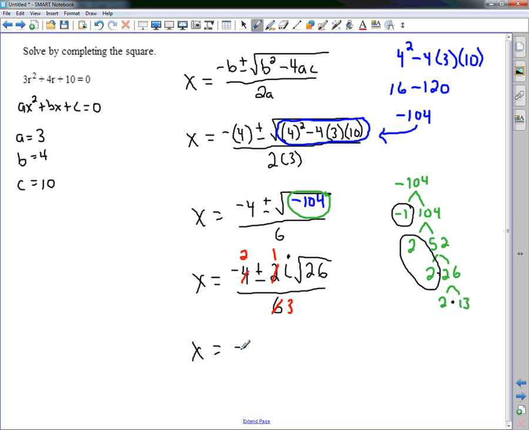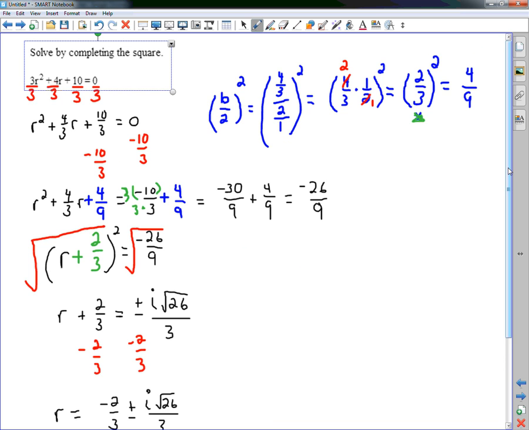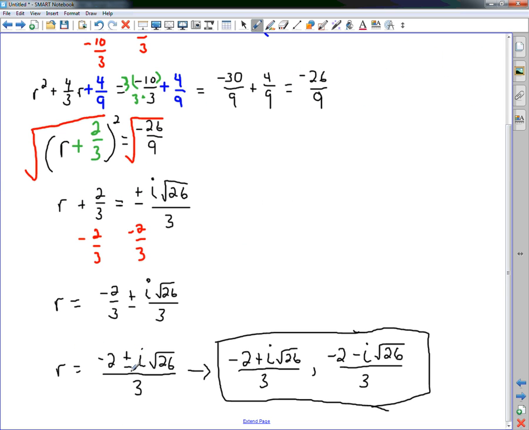So we have negative 2 plus or minus 1i, which is just i, square root of 26. Notice I didn't reduce the 26 inside, only stuff outside, and the 3 on bottom. So notice we end up with the same solution that we got when we were using completing the square. Both of these will produce the same result.